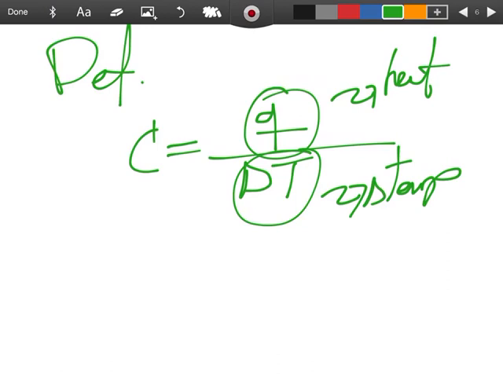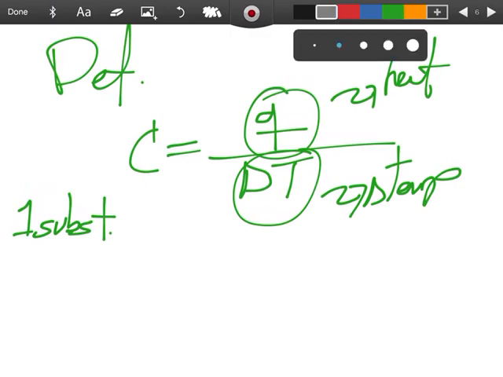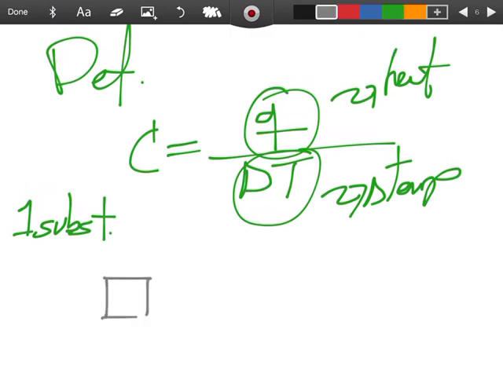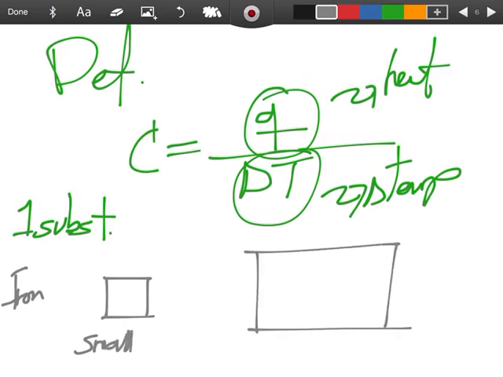Now, let's take, for example, and set the ground for only one substance. And this is going to help us a lot to understand things a little bit more correctly. And imagine that you have a cube of iron, and this is going to be small, and that you're going to have a large or a big cube of iron, right?